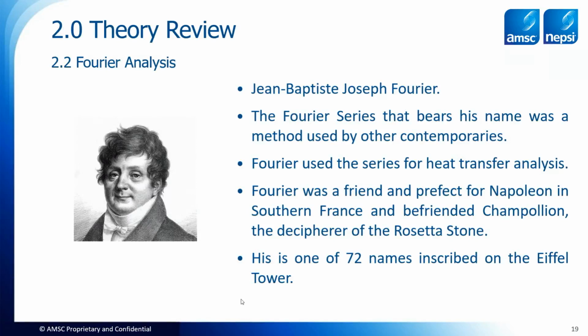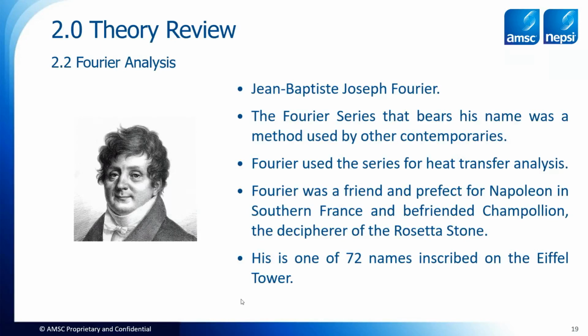Interestingly, you can go on Wikipedia and other online sources and find a lot of interesting things about Fourier, but I thought I'd bring a couple to the table. He was a friend and a prefect, a government official, for Napoleon in southern France. And he befriended Champollion, and probably in French you would pronounce that differently, I'm certain.